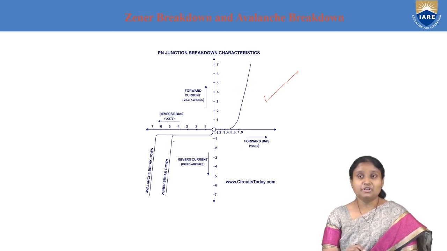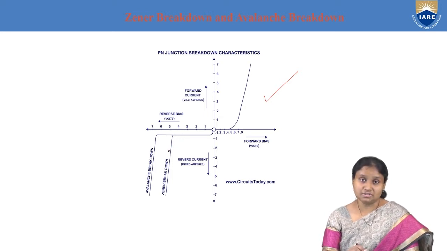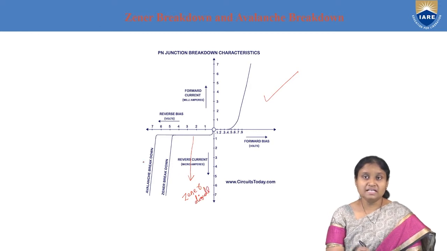Now we look at reverse biasing. As you can see, there are two curves. The first curve is exhibited by the Zener diode, whereas the second curve is given by the ordinary diode.